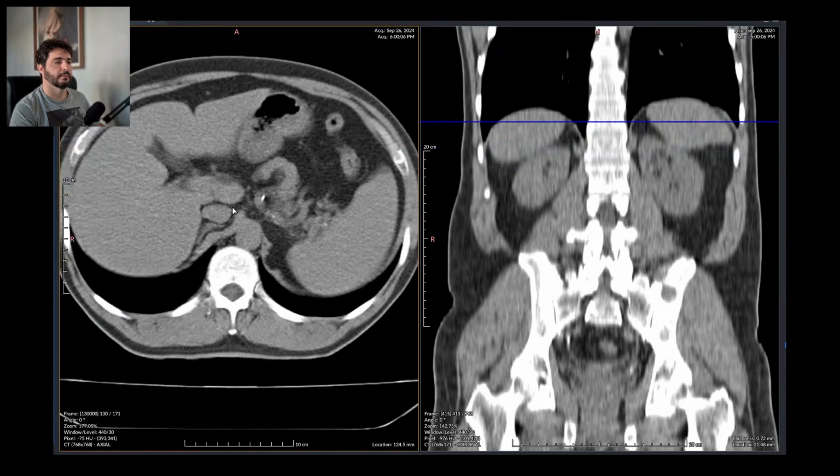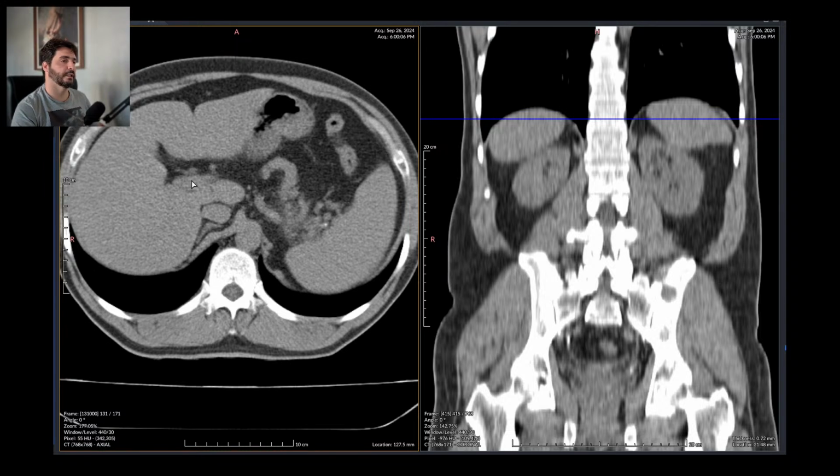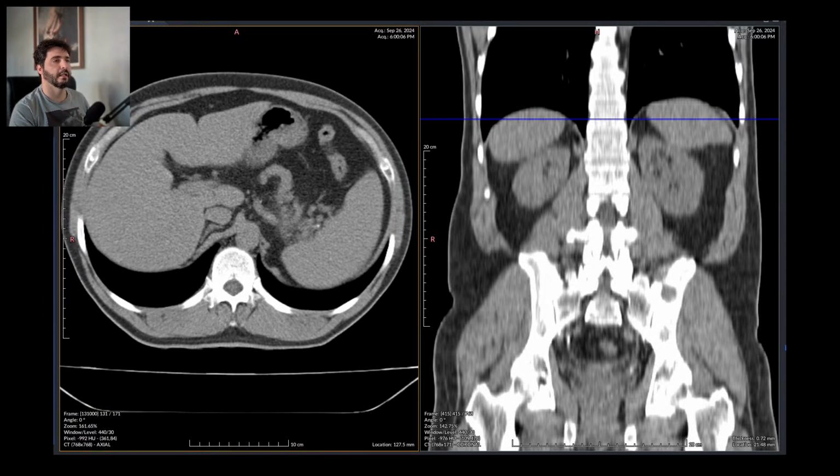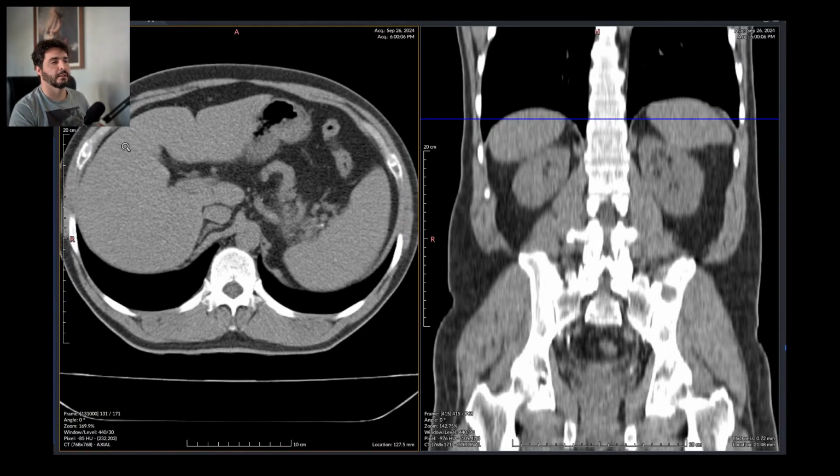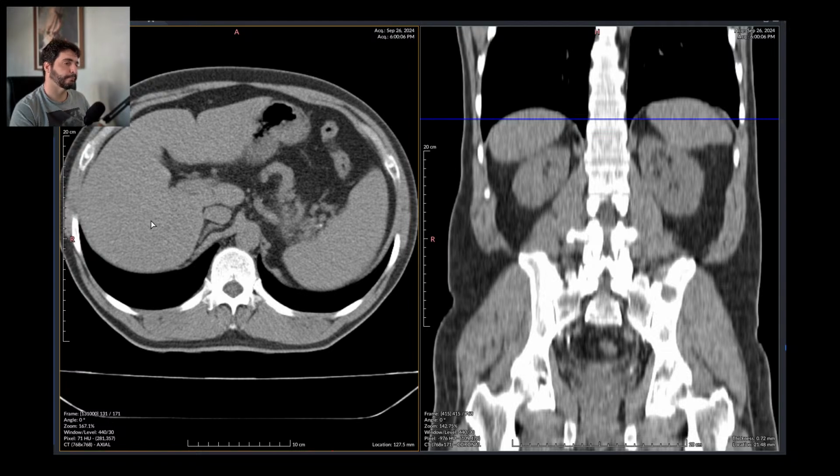But the motive for the pain itself, it's right there. I can see the liver is a little less attenuating, a little less dense than the spleen. So this is 52 and this is 57.